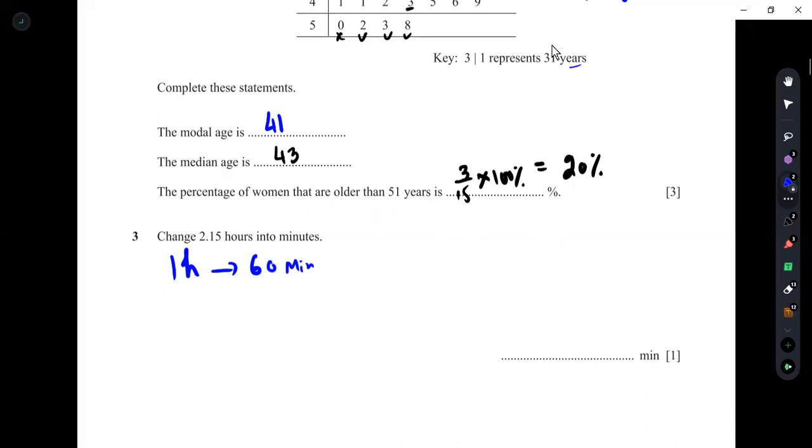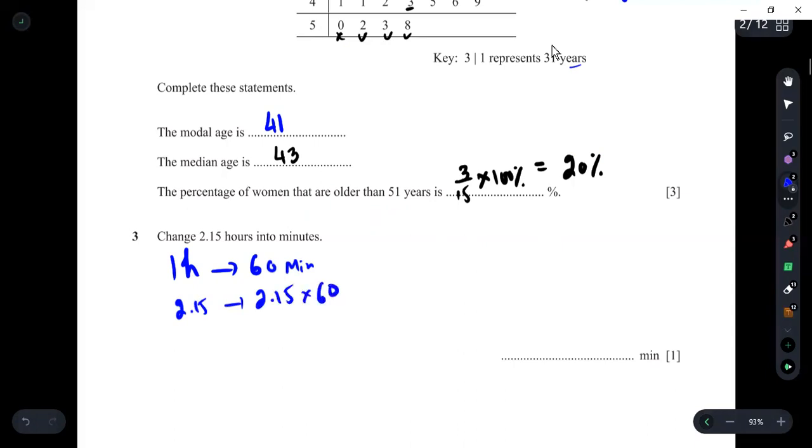So 2.15 hours means 2.15 times 60. That will give us the number of minutes in 2.15 hours, which is 129. So there are 129 minutes in 2.15 hours.